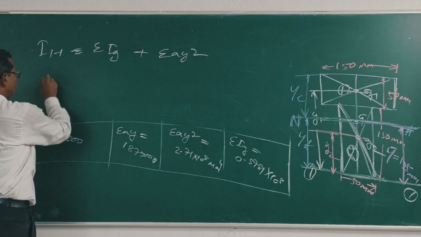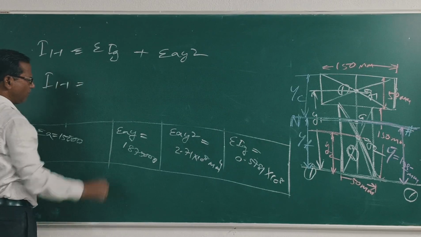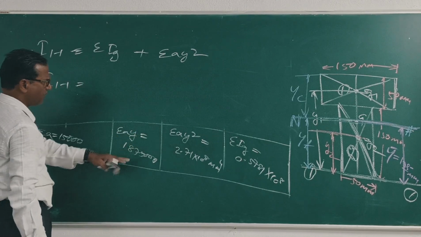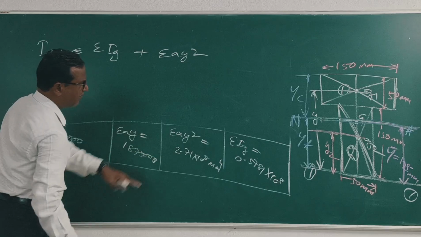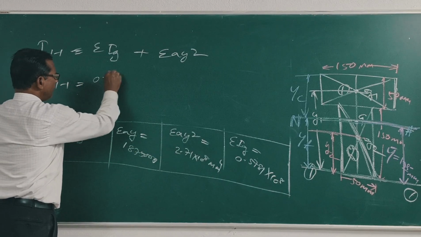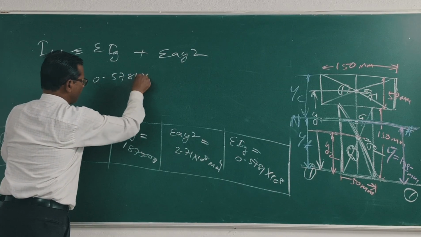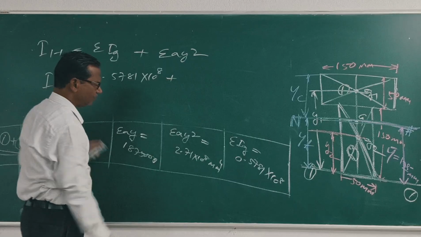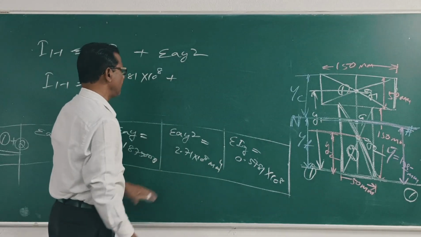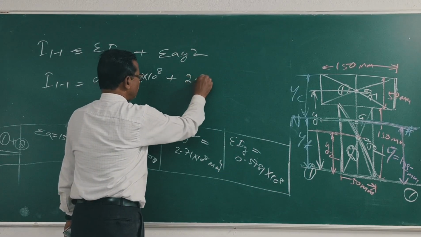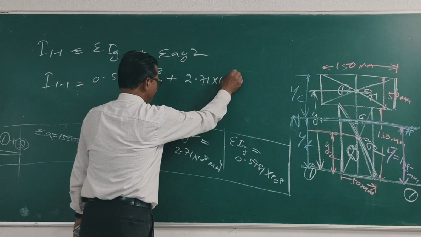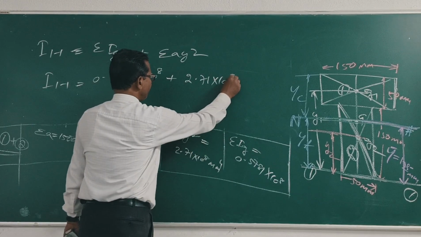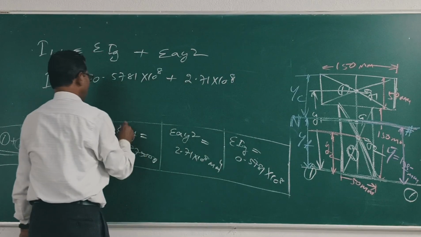What is sigma IG? 0.5781 into 10^8, plus this, 2.7 into 10^8. Clear?